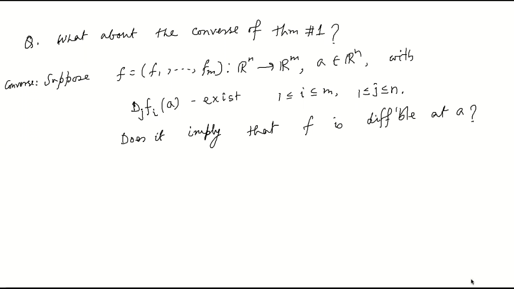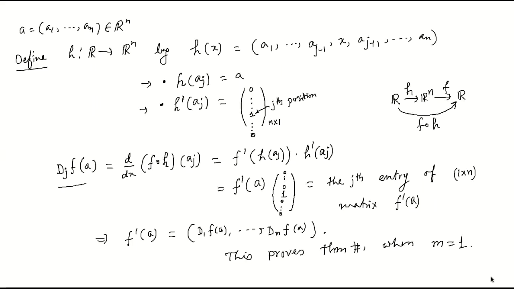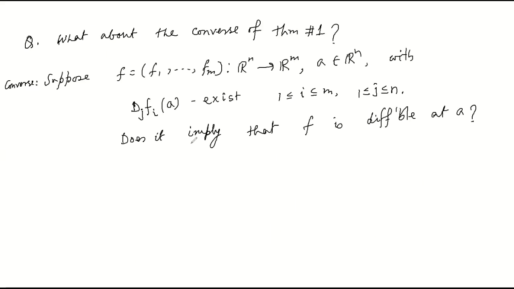So basically in theorem 1 we have shown that if f is differentiable, then all the partial derivatives of the component functions at that point exist. And the converse is, suppose the partial derivatives of the component functions exist, then does it imply that f is differentiable at a or not? And the answer to this question is no.